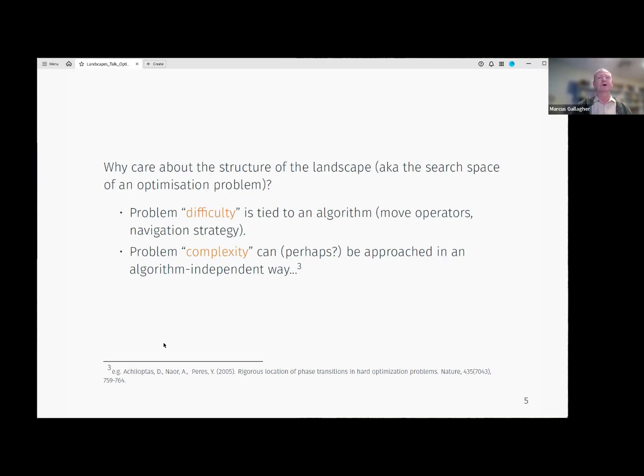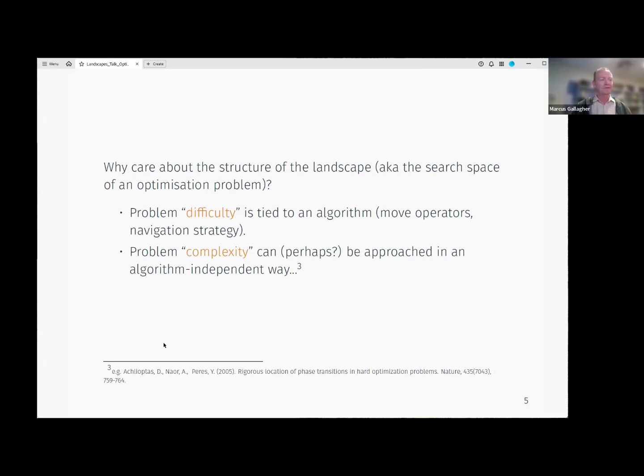And then the second point is a little bit more abstract, I guess, scientific, less engineering, but thinking about problem complexity, as in how complicated a landscape is. Are there ways to think about that and measure that and say something about the complexity of an optimization problem in an algorithm independent way? And what types of problem instances does the real world present us with?